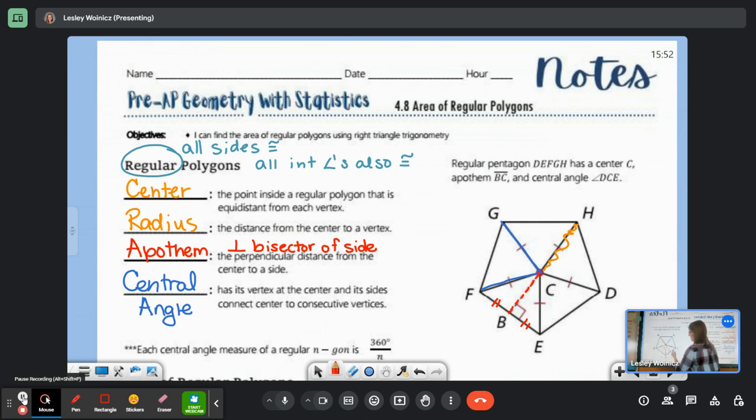So we have here, by hypotenuse leg, 2 congruent triangles on either side of the apothem. So he's also bisecting our central angle. If we don't know those pieces of information, today is impossible. So that is super important.